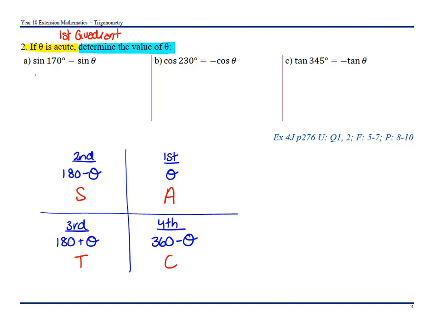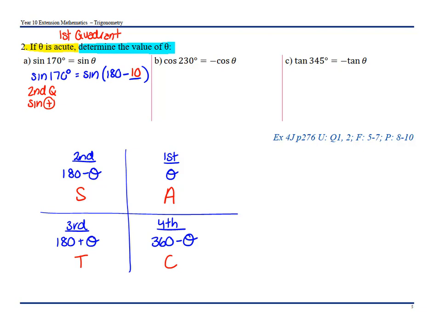So when I look at sine of 170 degrees, I say to myself, I am in my second quadrant. So sine in my second quadrant is the only ratio that's positive. So I want to rewrite this as sine 180 minus something because I'm in my second quadrant. 180 minus 10 is 170.